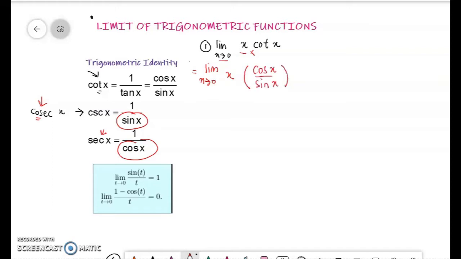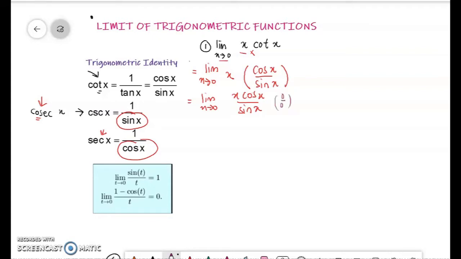When we simplify it, write down as x cos x over sine x. Then when we substitute x for 0, you will get 0 over 0.